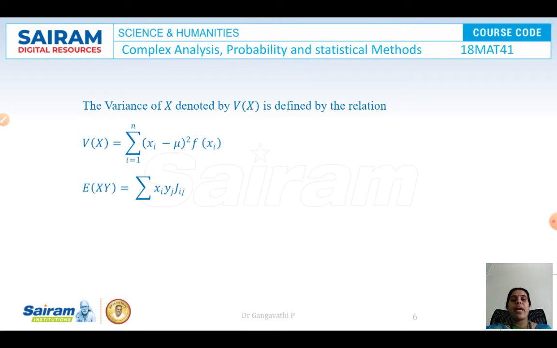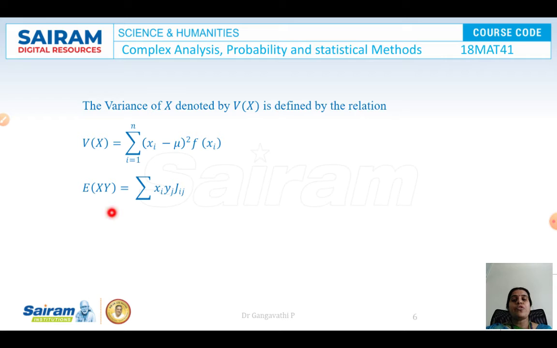And the variance of a random variable x, we denote as V of x. We define that as V of x equal to summation of (xi minus mu) the whole square into f of xi. Here mu is the mean and xi are the values of x for different values of i. And expectation of xy: we have seen the expectation of a single variable x.